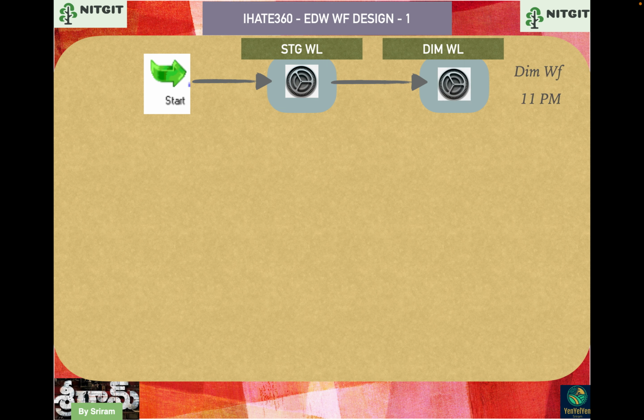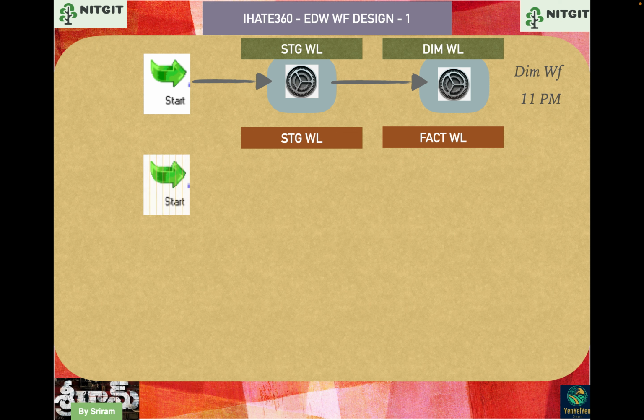The dimension workflow can handle all the different dimension data and will be loaded first before fact load starts. After IDH completes all source system data integrated into the integrated database, only then will this process get started, maybe around 12 a.m. And then we have the fact workflow here.